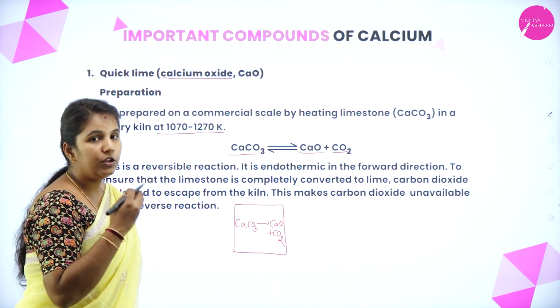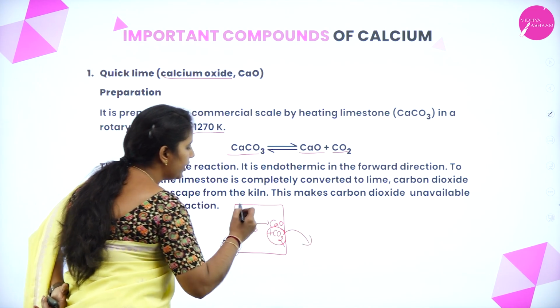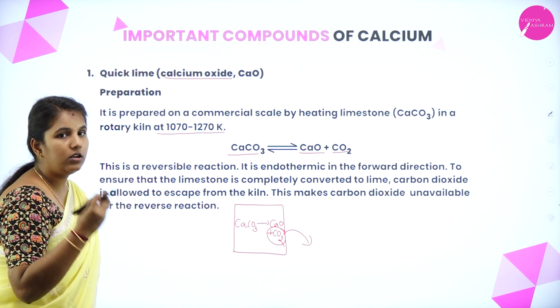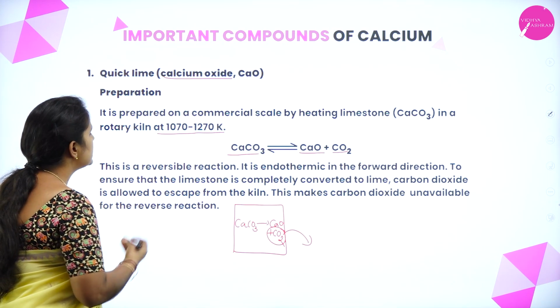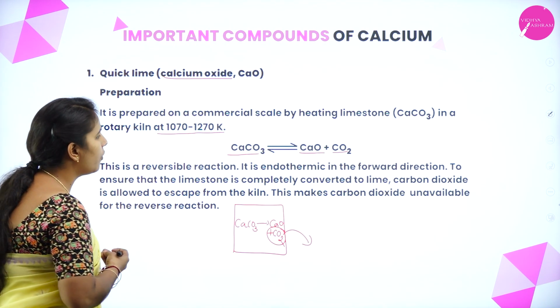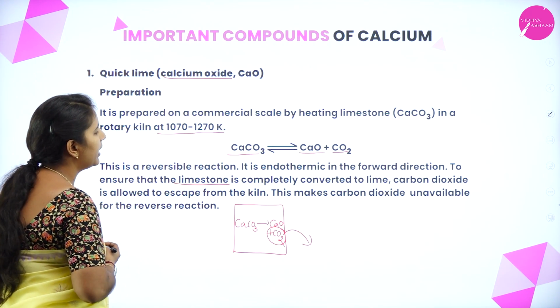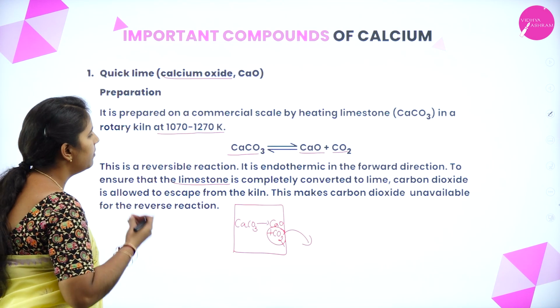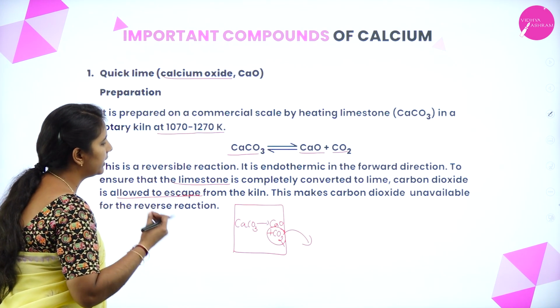That is why during this reaction we have to expel the carbon dioxide outside in order to avoid the reverse reaction. So it is a reversible reaction, and it is exothermic in the forward direction, and this ensures that limestone is completely converted into lime, with the carbon dioxide allowed to escape from the kiln.